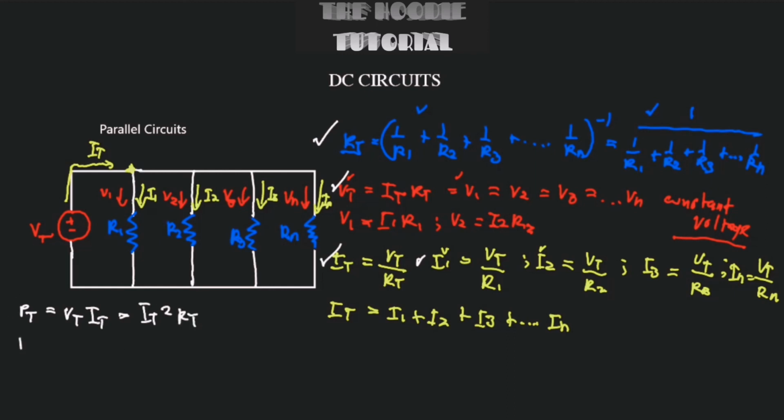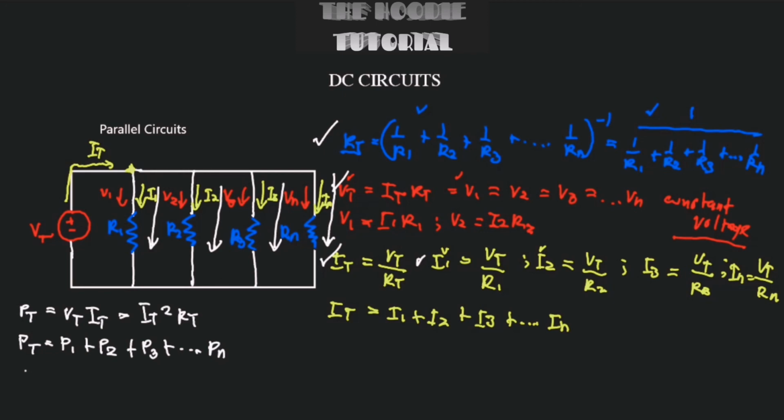Or PT is also equal to P1 plus P2 plus P3, and so on and so forth. So power 1 flows through here, power 2 right here, power 3, and power N. So that would be the formula for finding the total power.